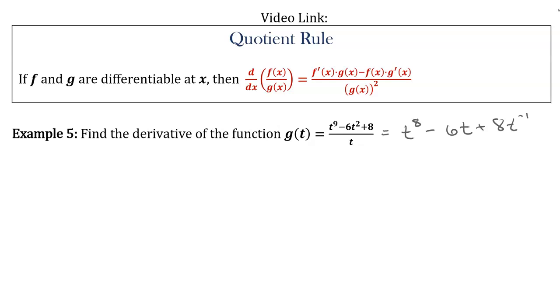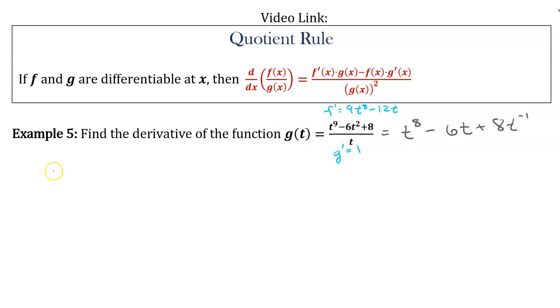So the top will be f and the bottom will be g. So f prime would be 9t to the 8th minus 12t, and g prime would be just 1. So we put this into our formula.